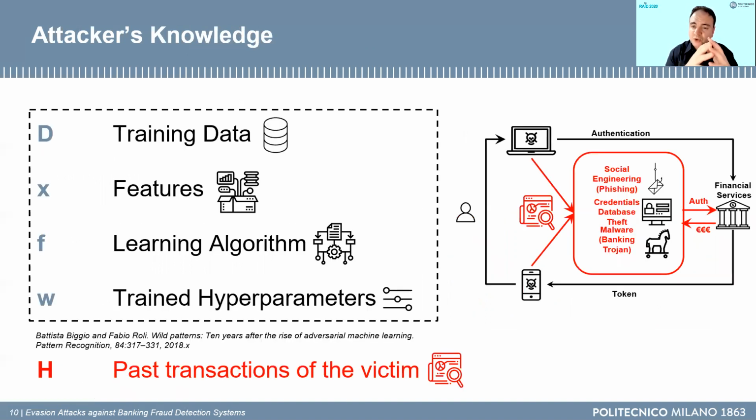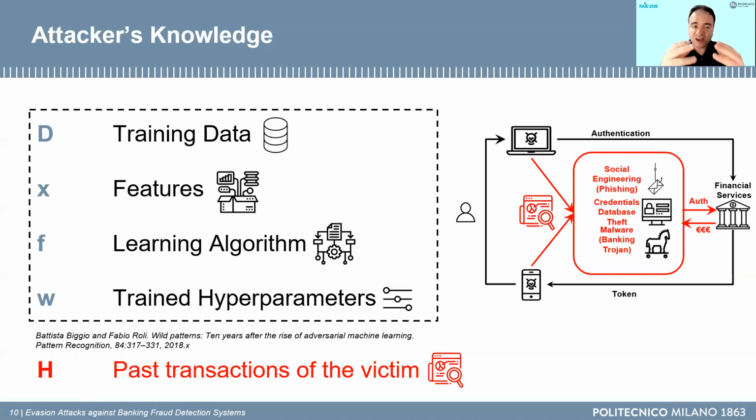Considering the previous assumption, we define the attacker knowledge by extending the characterization made by Biggio et al., which basically defines the attacker's knowledge in terms of the training data, the feature set, the learning algorithm, and the trained parameters and hyperparameters of the target fraud detection system.